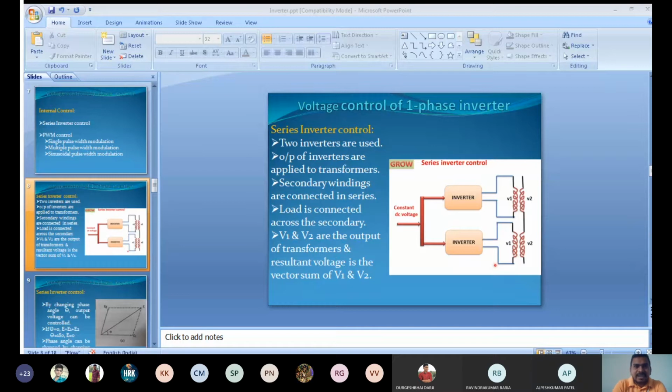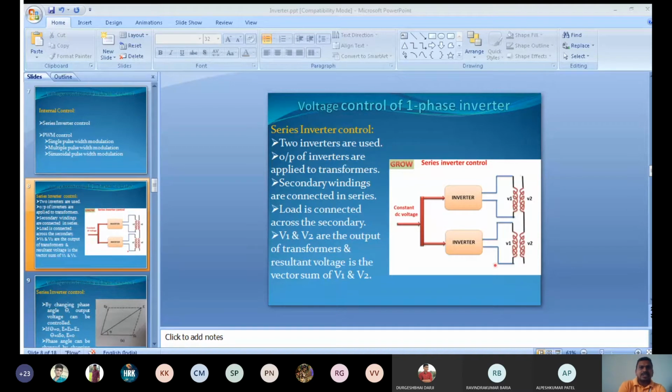Now the another method, that is the pulse width modulation control method. The simple pulse width modulation control is the most efficient method to control the output voltage of inverter. Why it is the most efficient method, we will discuss later on.